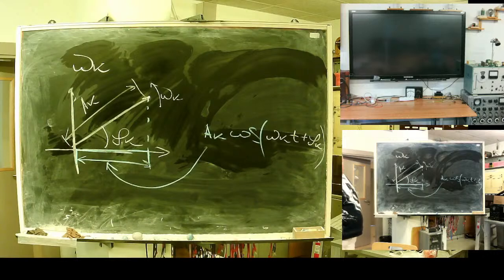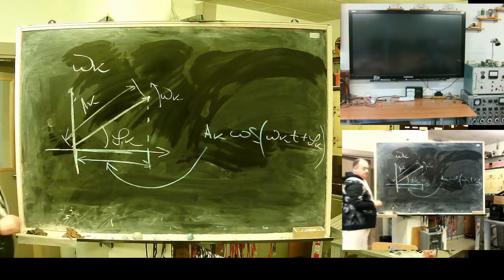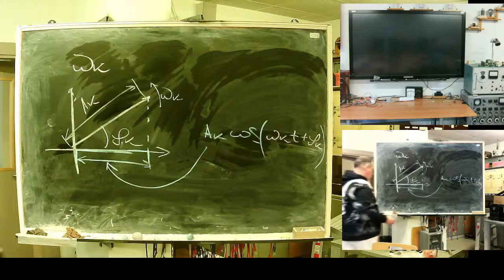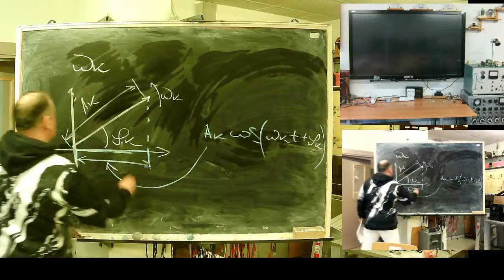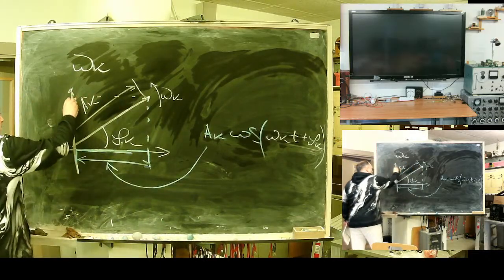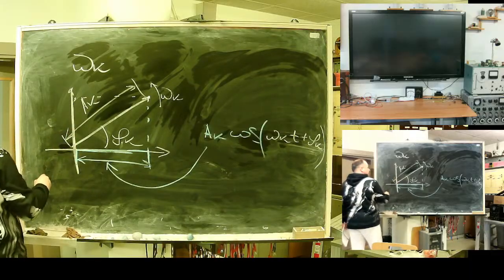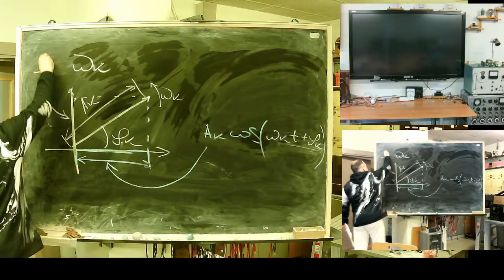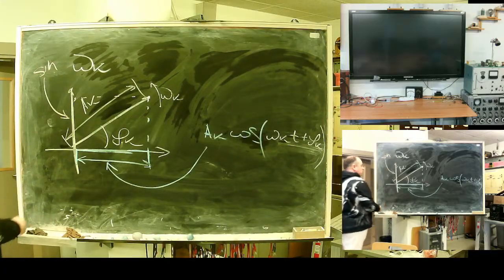What is it? My signal. The blue line projection. I can assume that my signal is the blue line. But it's not all. I can draw a red line. This will be the sine projection.